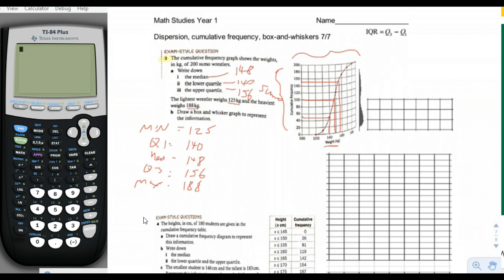Just like in the investigation, the minimum and maximum information you do not get from the graph. It will be given separately.